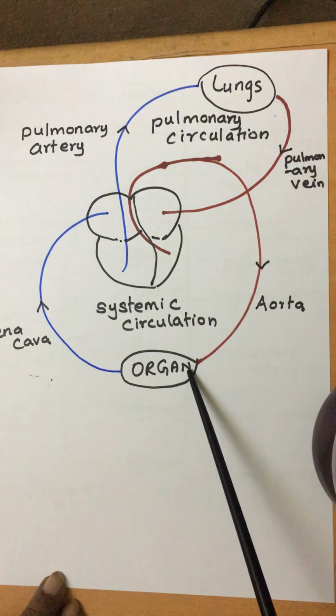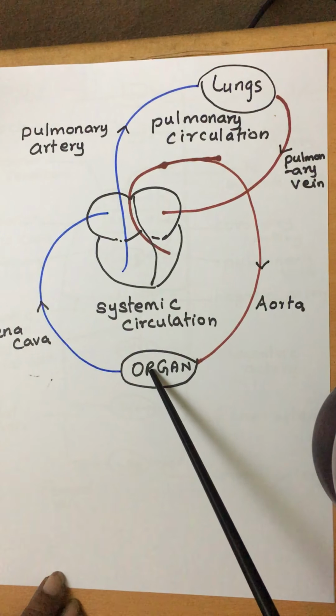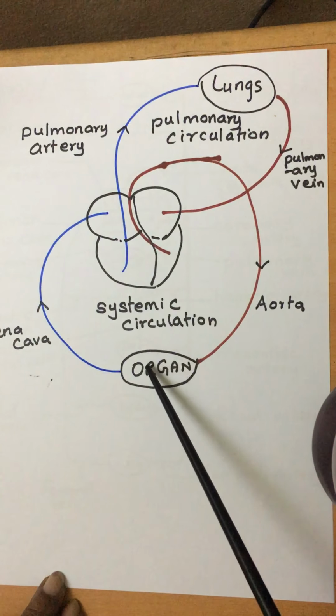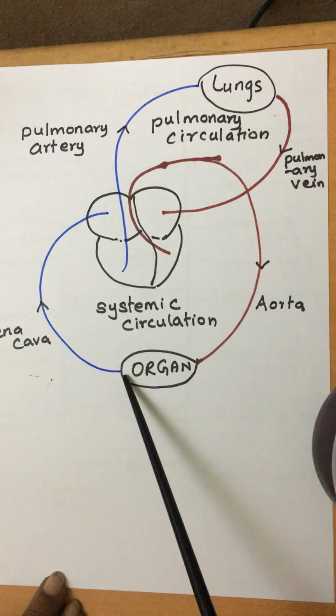The oxygen diffuses through the blood capillaries to the cells, and the blood takes carbon dioxide from the cells and becomes deoxygenated blood, highly concentrated with carbon dioxide.